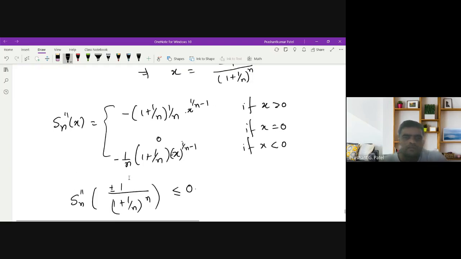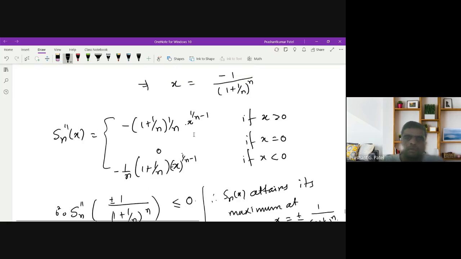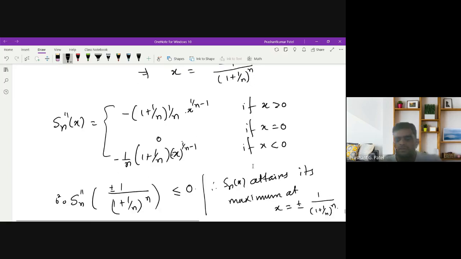So therefore this is the thing we got, and from this we can say that Sn(x) attains its maximum at x equal to plus or minus 1 upon (1 plus 1 by n) power n.